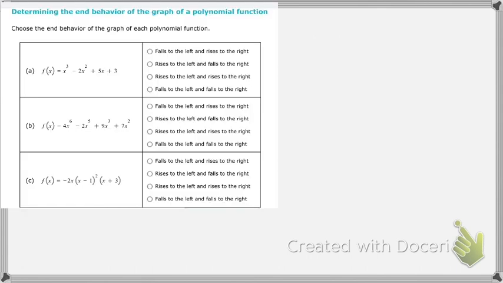Okay, so here, these are all polynomials. With this type of problem, we're not going to trick you and give you something that's not a polynomial. We're going to look at how it falls and how it rises on the left and on the right. The best way to do this, I think, is to just do a little picture for it. So this is positive x cubed.